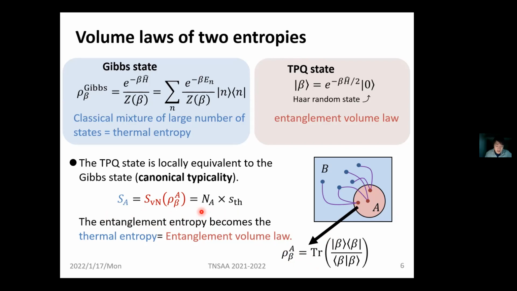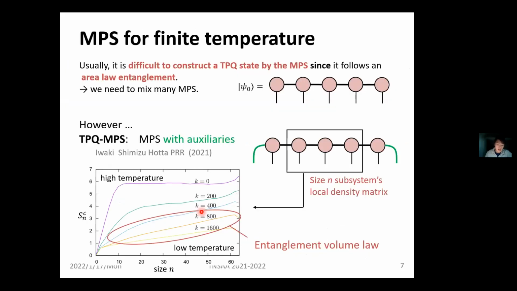Therefore, the thermal entropy of the given state, which comes from the classical mixture of a large number of states, is converted to the entanglement entropy of the typical state. Now, we want to construct such thermal equilibrium states using the MPS.